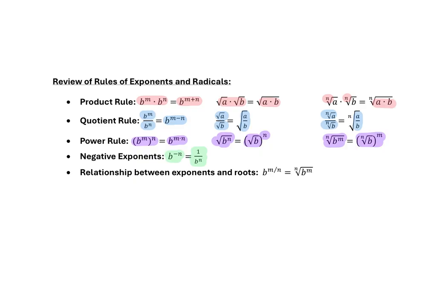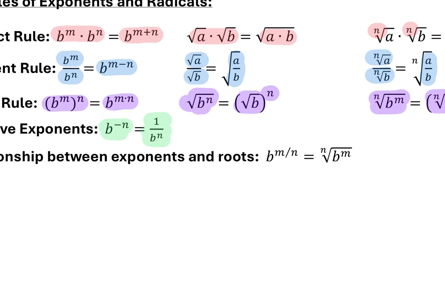Now we do want to talk about what's the relationship between exponents and roots. When we talk about exponents and roots, what we have here is fractional exponents. If you have an exponent of m in the numerator of your exponent, that stays the exponent.